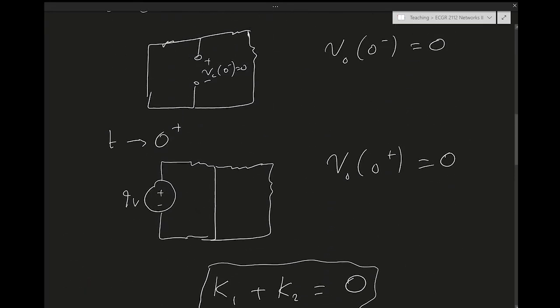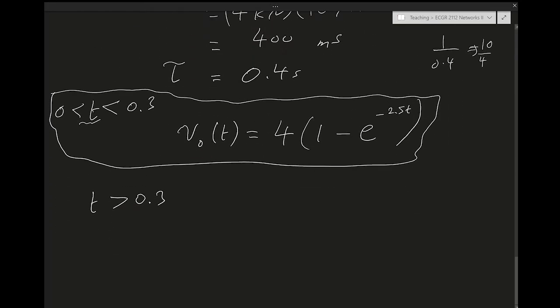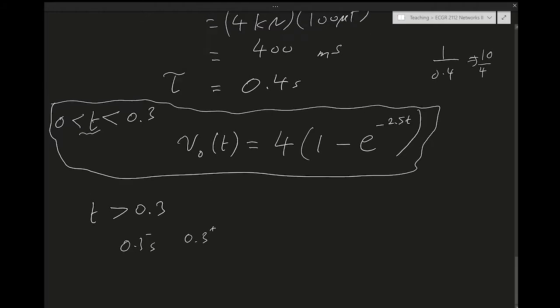Yeah, we do actually care about the capacitor voltage, because the capacitor voltage is the thing that's going to be continuous after t goes larger than 0.3. After t transitions 0.3 seconds, the capacitor voltage is the only thing that's going to be continuous. So we want to know what the value of it is going to be at 0.3 plus and at 0.3 minus seconds. So we need to calculate VC.